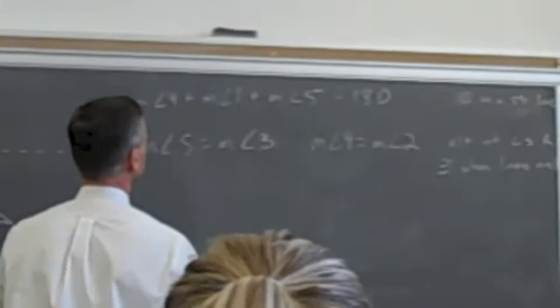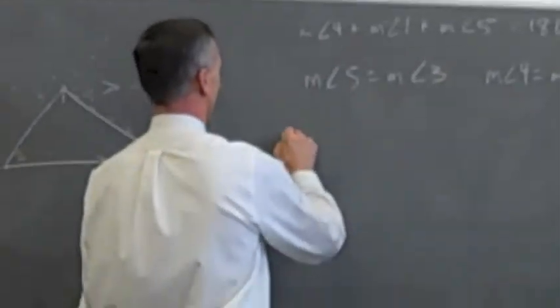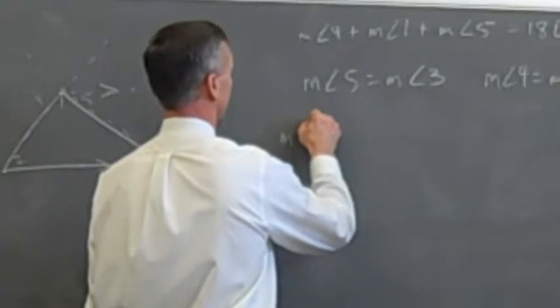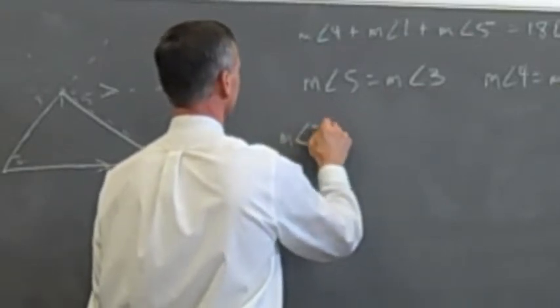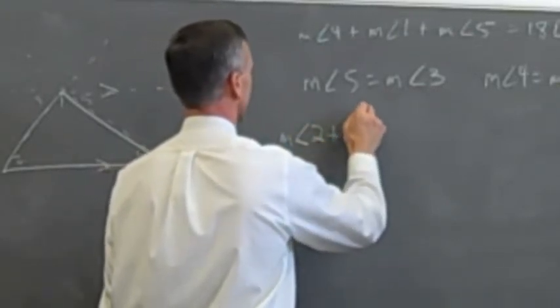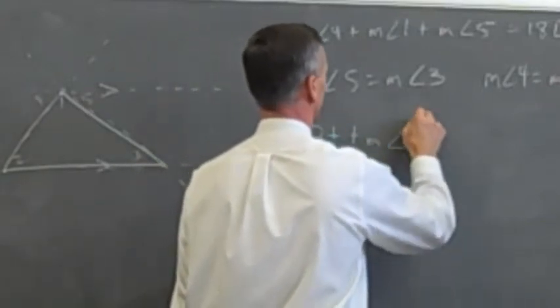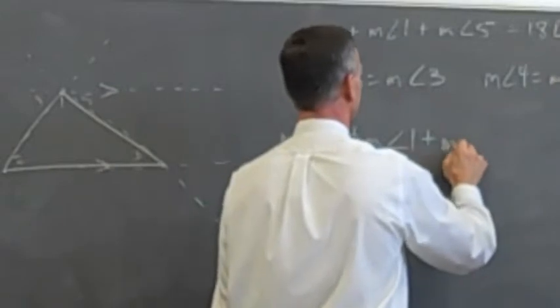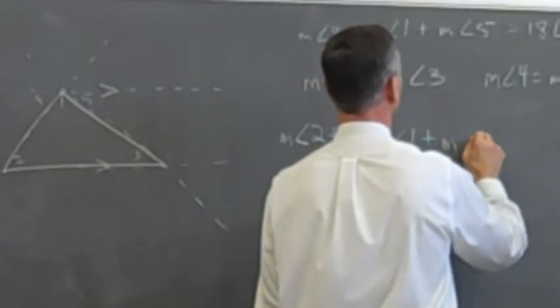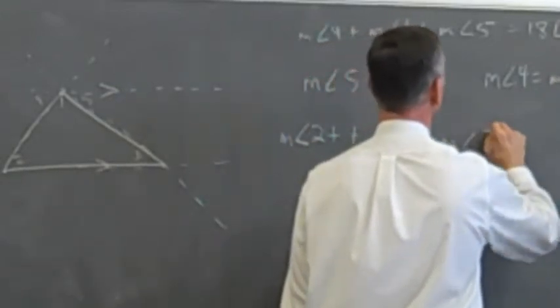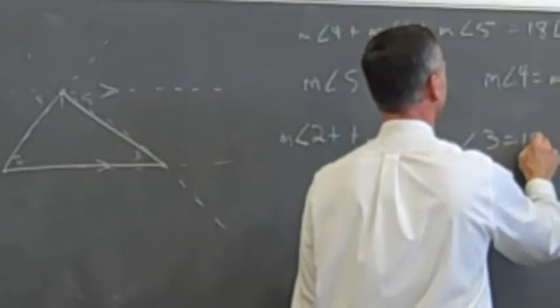Okay. So now I can say then the measure of angle 2 plus the measure of angle 1 plus the measure of angle 3 is equal to 180.